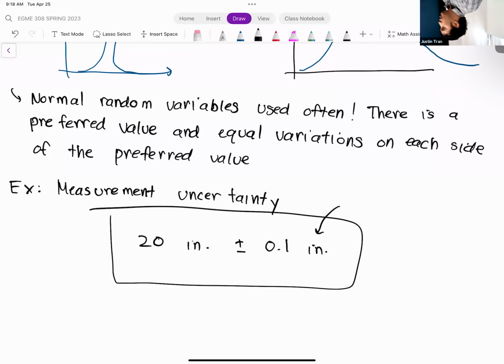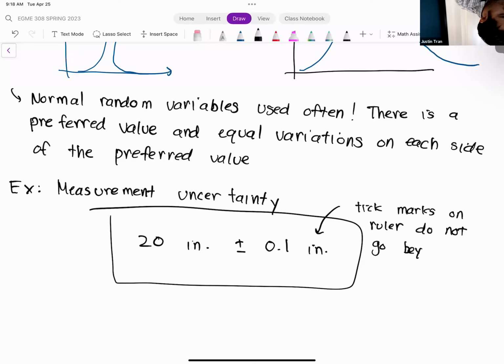The way I got this is that maybe the tick marks on our ruler don't go below 0.1. And so we can say that the size of our monitor is 20 inches, plus or minus the precision of our measuring.